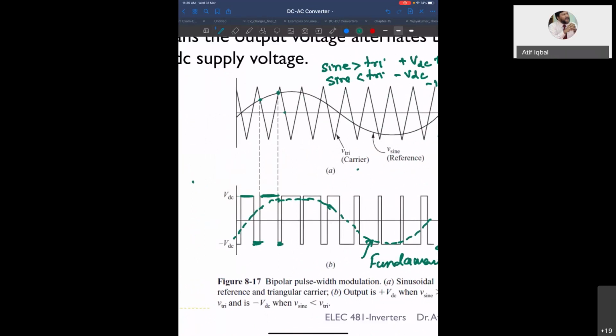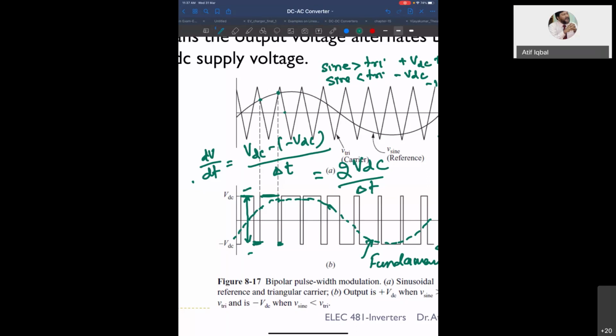So this is how the output voltage looks like. Now it has the output voltage as plus VDC, minus VDC, plus VDC, minus VDC. Now what is the issue here? Your switch stress is high because the change in the voltage, dV by dt across the switch, is VDC minus of minus VDC by delta T. So it is 2 times VDC by delta T. This is dV by dt across the switch, because you are going from plus VDC to minus VDC.